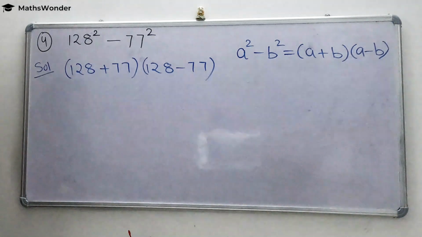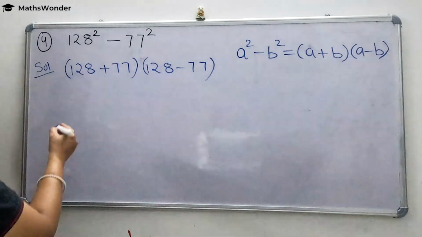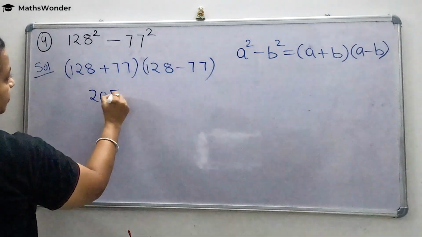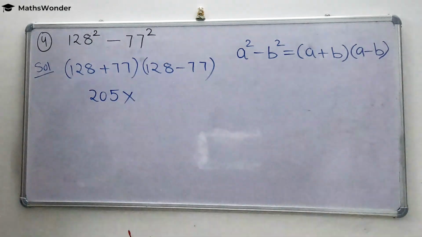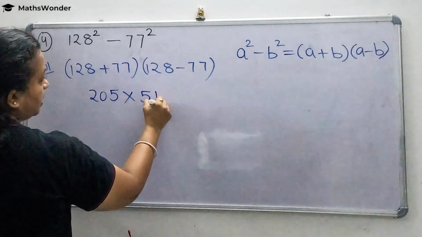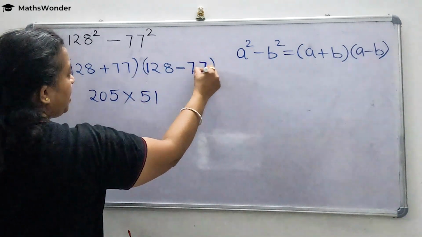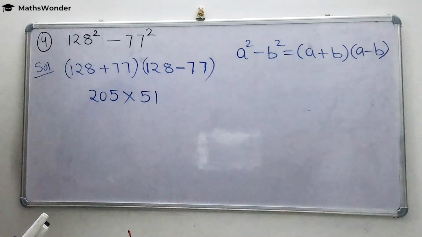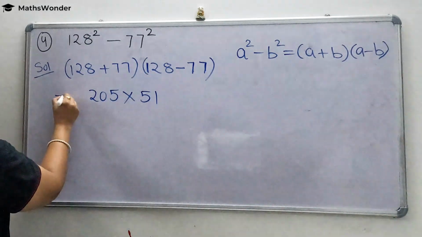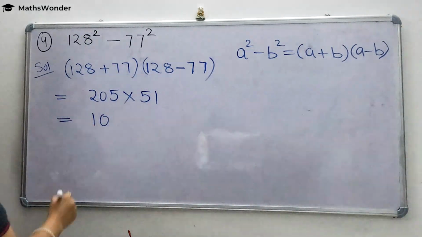Now 128 plus 77 is easy to solve, everyone knows it: 205, times 128 minus 77, which is 51. It's the easiest way to solve. You can check also. The normal method will take time, but this method is very easy.